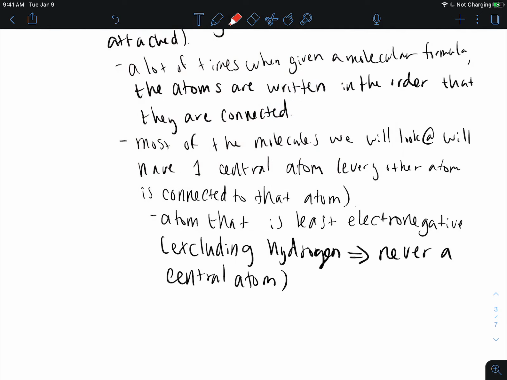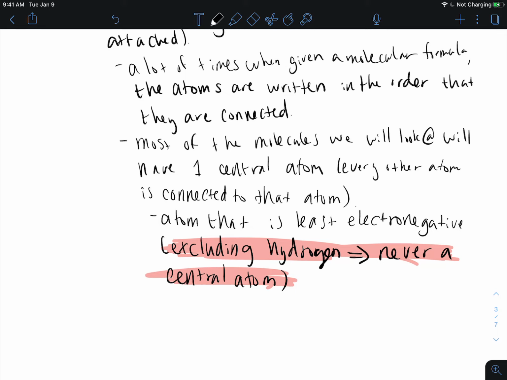Hydrogen can only make one bond, and because it can only make one bond, it cannot have multiple atoms attached to it, therefore it cannot be a central atom. Please, please, do not put hydrogen as a central atom.